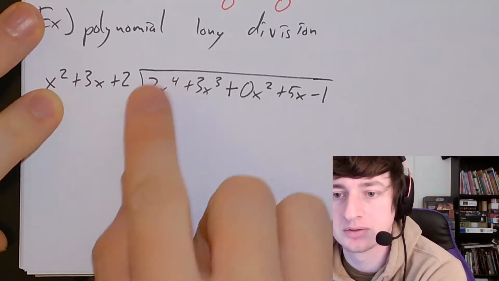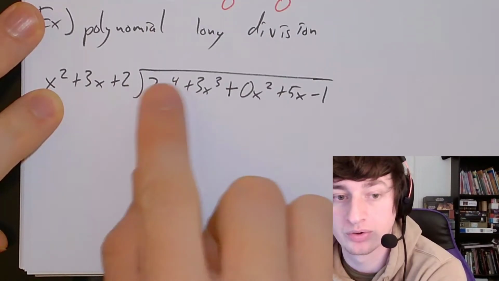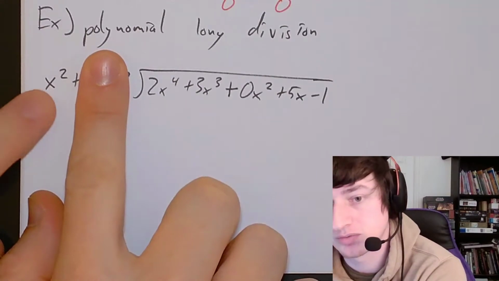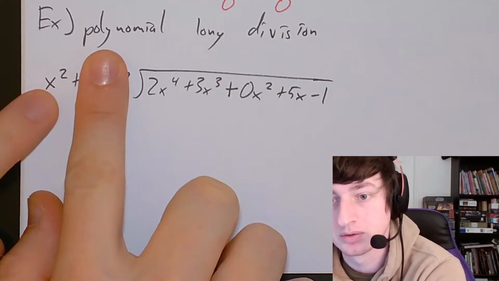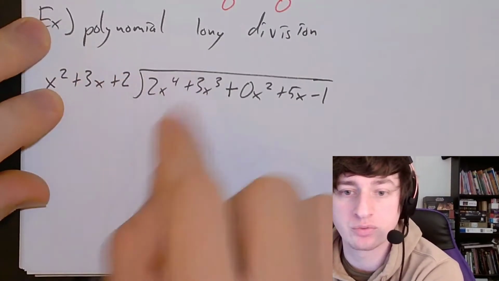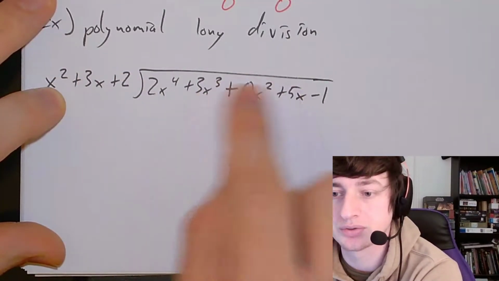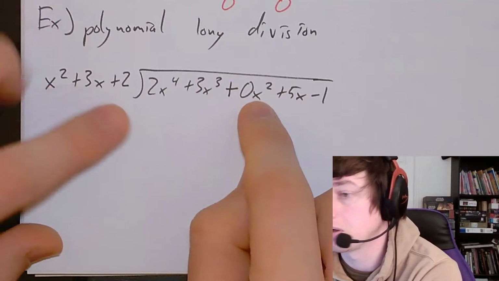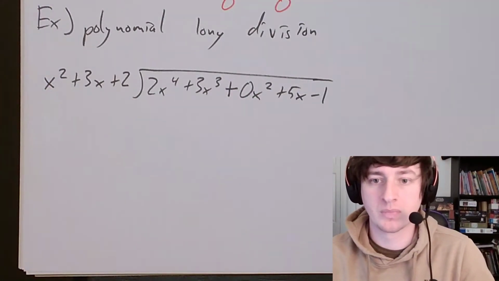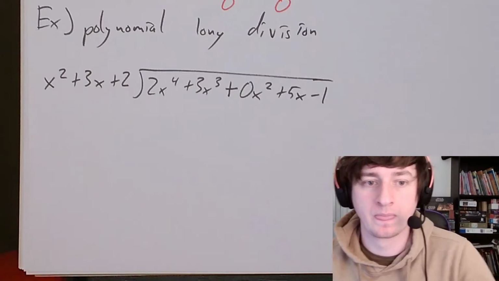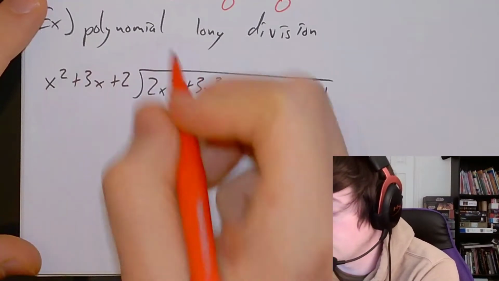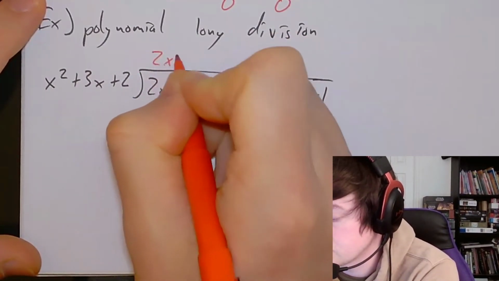We're dividing 2x to the fourth by, ignore all this stuff and just focus on the x squared. We're dividing 2x to the fourth by the x squared. The other stuff we're going to multiply out and it'll trickle down in the function. Okay, so when we divide 2x to the fourth by x squared, we get 2x squared.